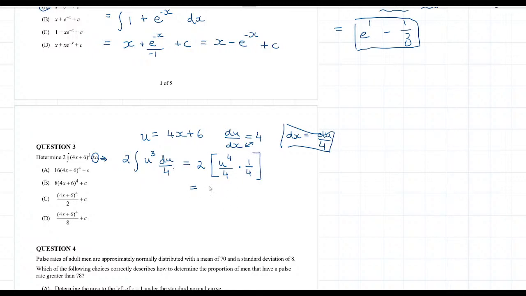And if we simplify this, that's 2 times, now u was originally 4x plus 6, so we're doing that to the power of 4 over 4 times 4, which is 16. And if we keep simplifying this, that's going to be 1 over 8. So (4x plus 6) to the power of 4 divided by 8, plus c.